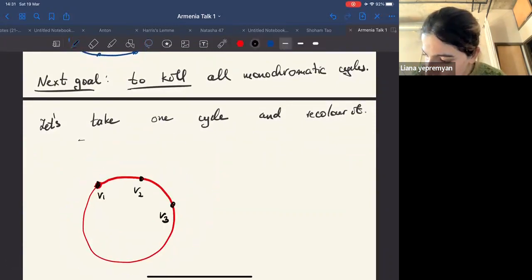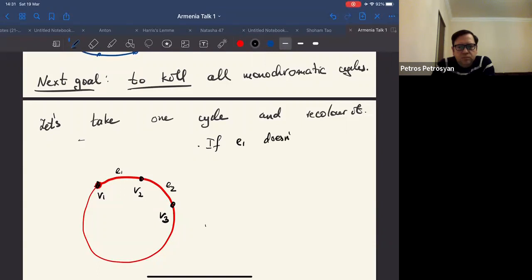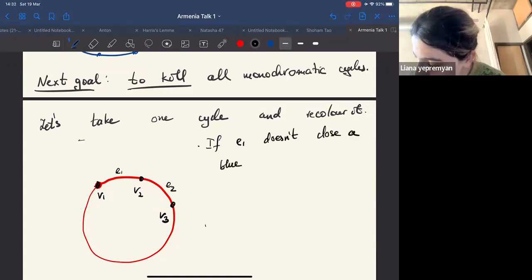Let's call this edge E1 and this edge E2. Now, if E1 doesn't close a blue cycle, so what do I mean by this?